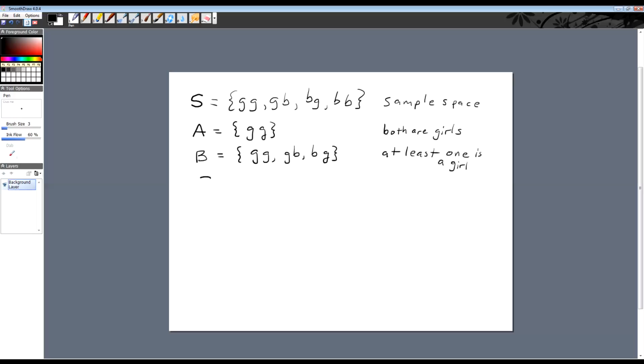And then set C is defined as the older one being a girl. Remember, the first child is listed in the pair. So the older one is a girl.